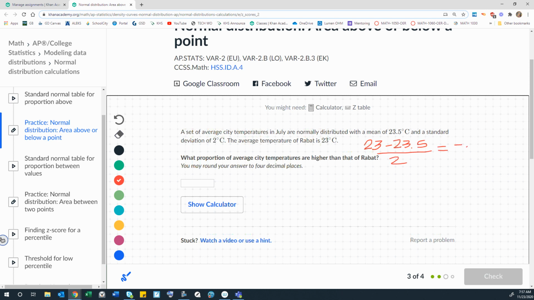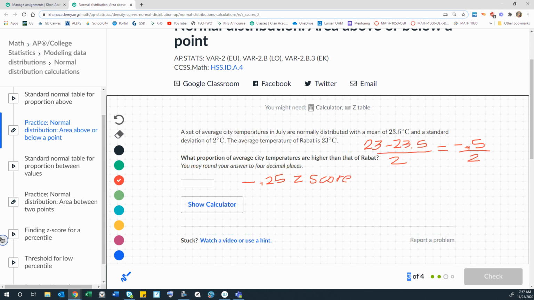So we get negative 0.5 divided by 2. I should be able to do this in my head, but apparently my brain doesn't want to. So pulling out my calculator, 0.5 divided by 2 is 0.25. Duh. Yeah, I really should have been able to do that in my head. Okay, so negative 0.25, that's our z-score.